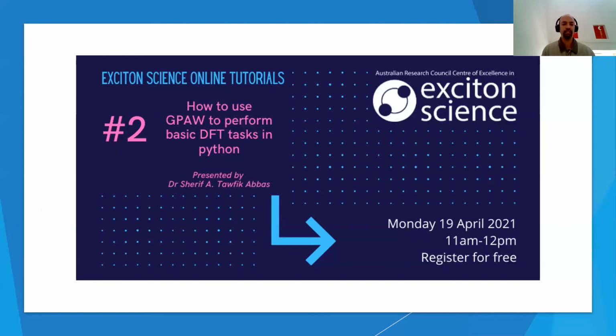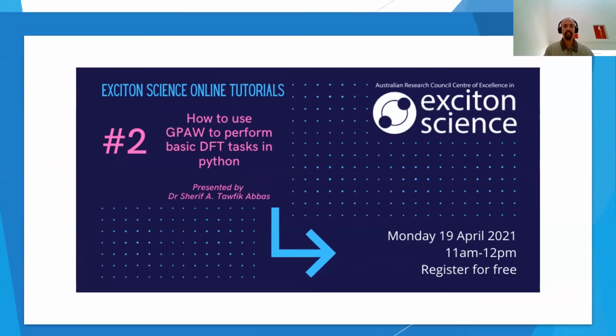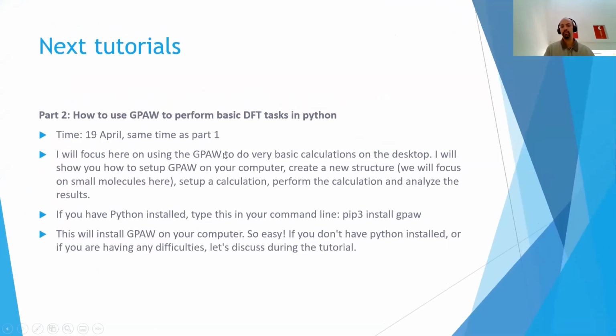Here I'm announcing the next tutorial, which is going to be on the 19th of April, same time. It's going to be a Monday. This tutorial is going to deal with using GPAW, as I said earlier, to do very basic DFT calculations. If you have Python installed, then here's how you can install GPAW. If you can't, I'm more than happy to receive any questions about using GPAW before the presentation.